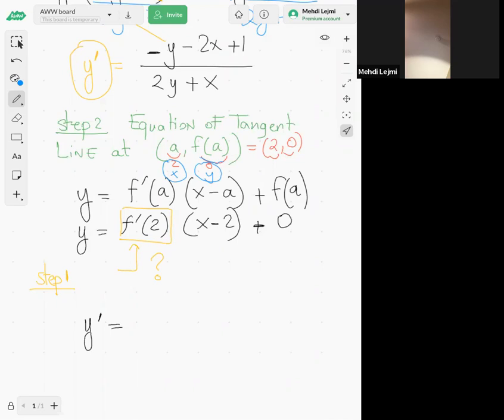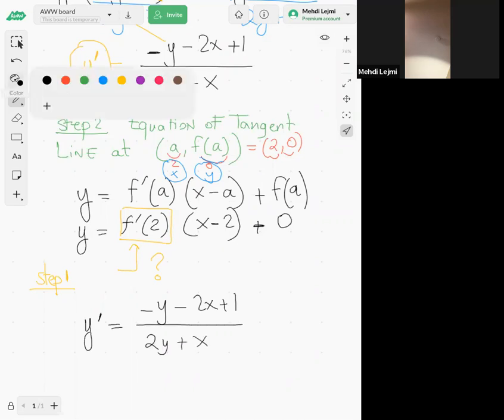Okay, so I'm going to plug 2 and 0 into the y prime. Y prime is supposed to be negative y minus 2x plus 1 over 2y plus x. X is equal to 2, that's your a, and y, the y coordinate or f of a, is 0.